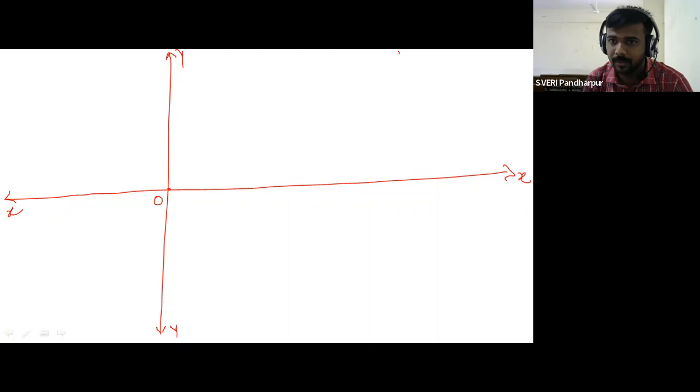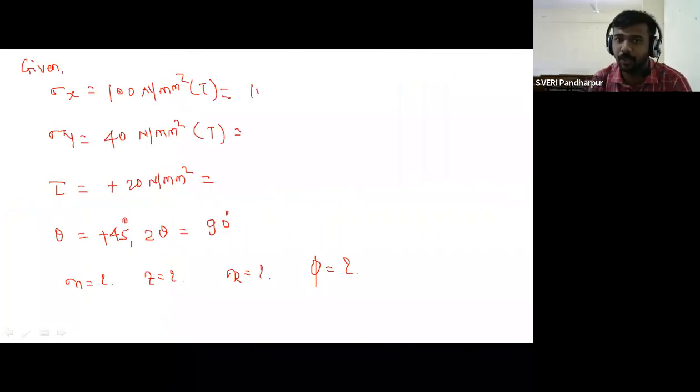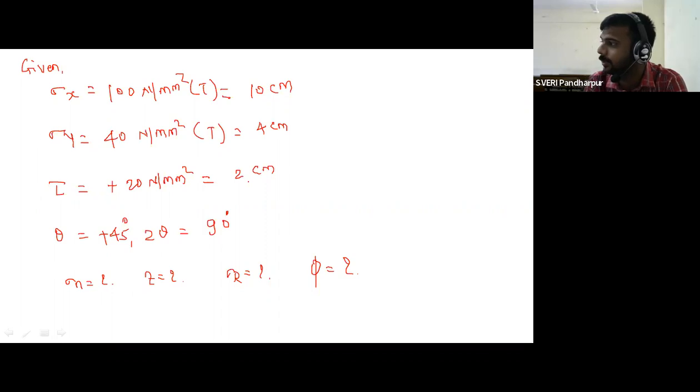One scale: 1 centimeter is equal to 10 Newton per mm square. So by applying this scale to the stress values, here sigma x is equal to 10 centimeter, sigma y is equal to 4 centimeter, and shear stress is equal to 2 centimeter. We have selected the scale, 1 centimeter is equal to 10 Newton per mm square.